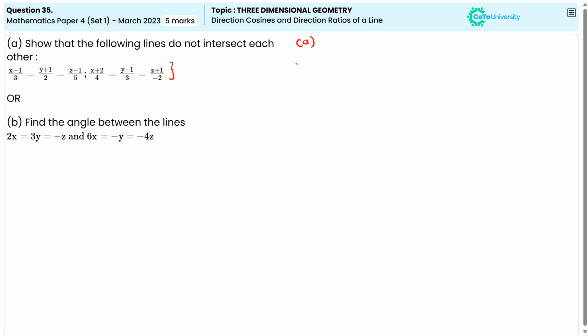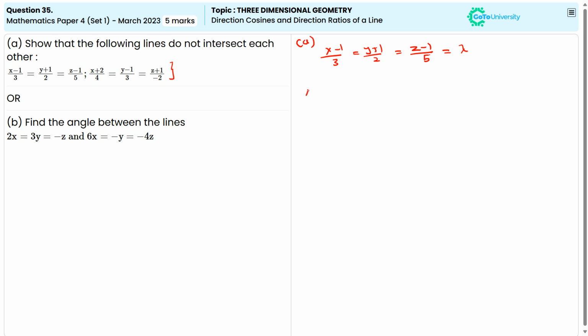Now let us find the coordinates of any point on the first line. Here the line is (x minus 1)/3 equal to (y plus 1)/2 equal to (z minus 1)/5. Now we are going to find the coordinates of any point on this line, which is equal to lambda.